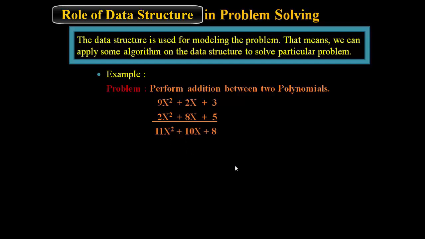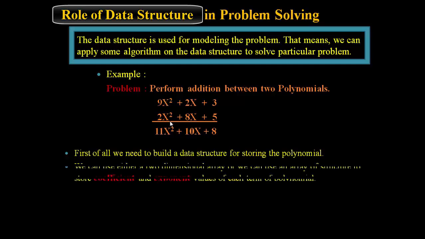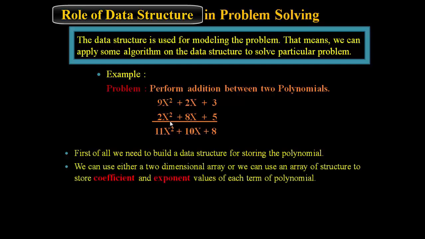We have to find the solution for any polynomial in our programming language. The first step is to store both polynomials, and for that we have to build a data structure. Now when we store a polynomial in any data structure, we have to store two values: one is the coefficient and the second is the exponent.